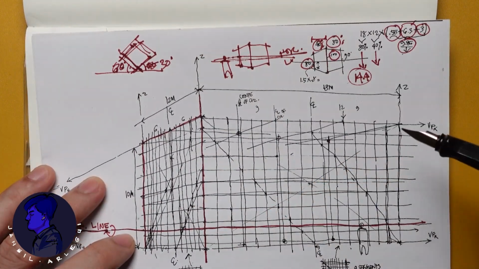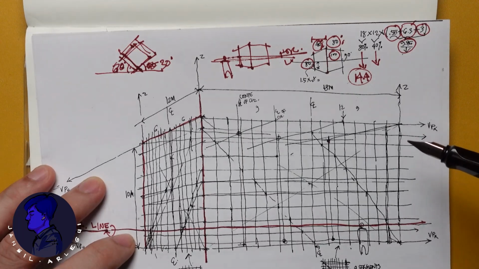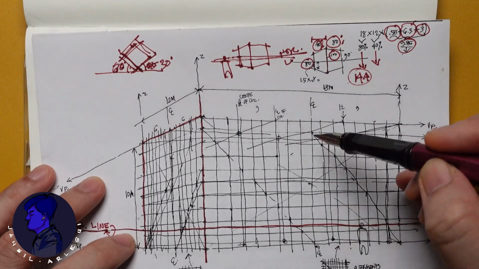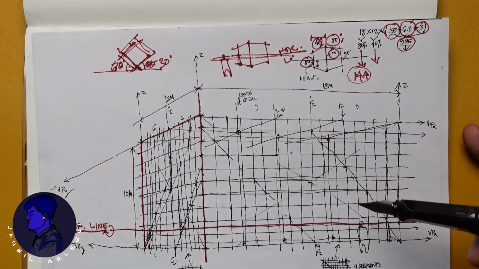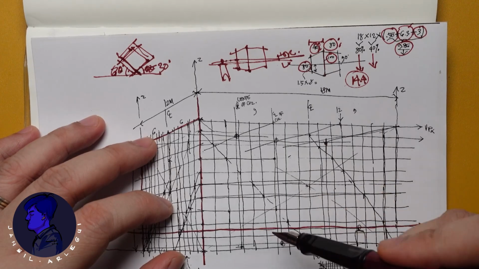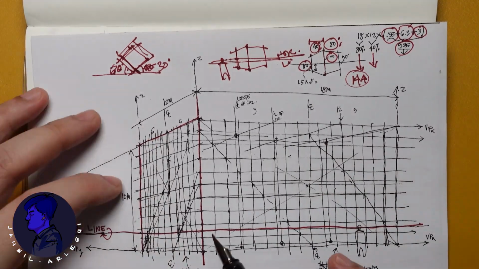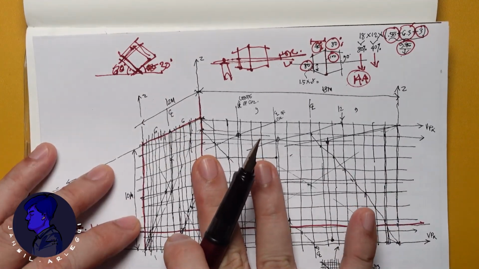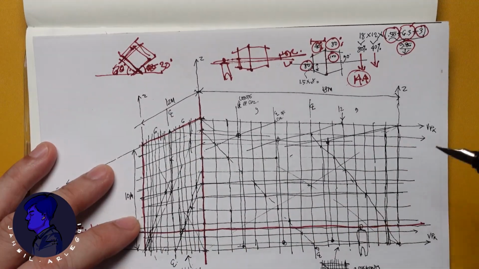What I did also was to subdivide this into equal parts. One of the things you need to know how to do is subdivide this, as square grids are in perspective. If this is 10 meters, it has an 18 meter width.